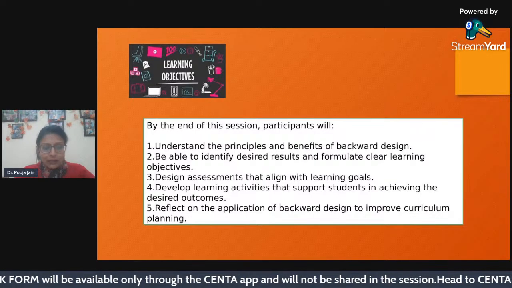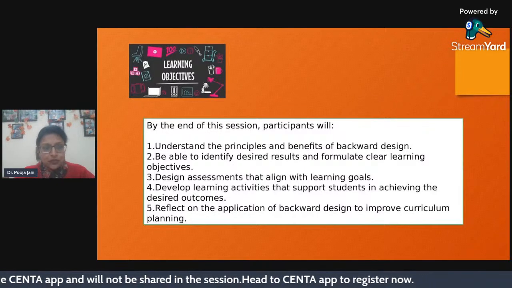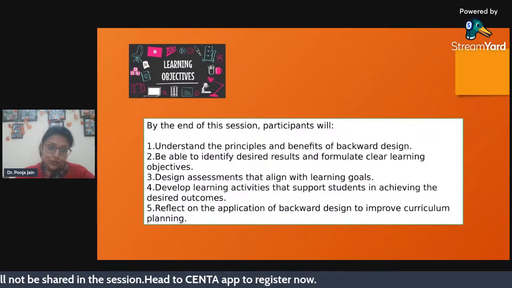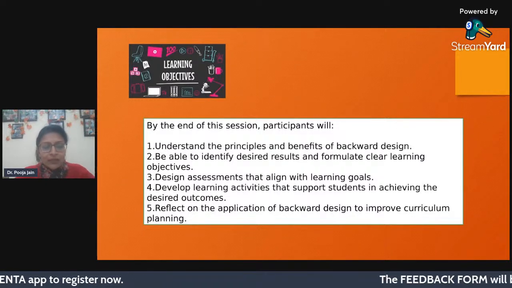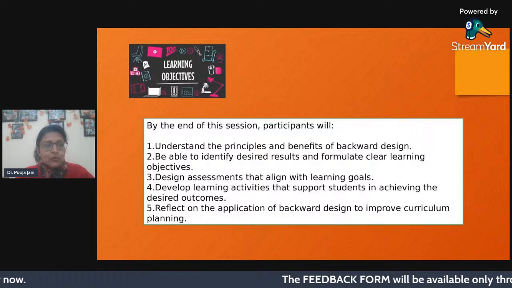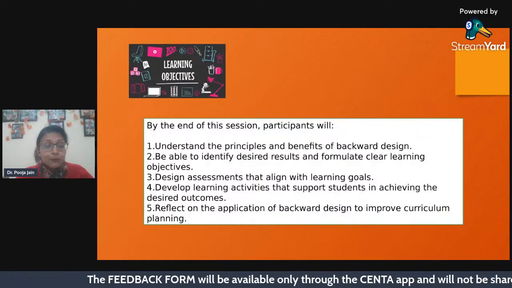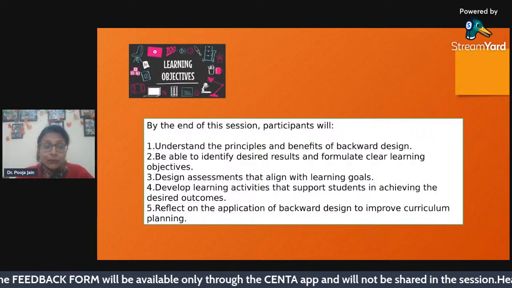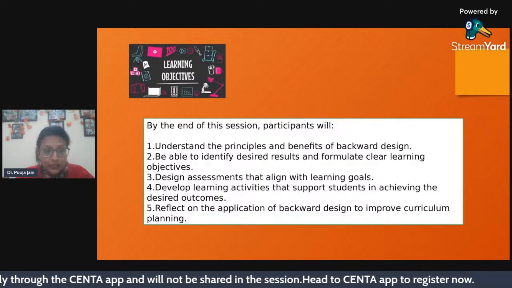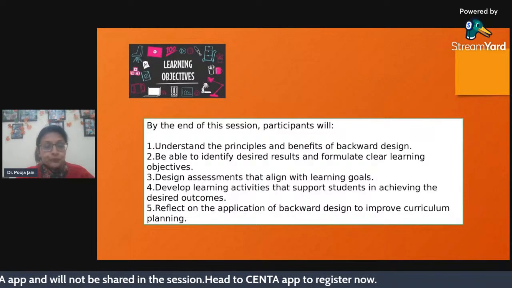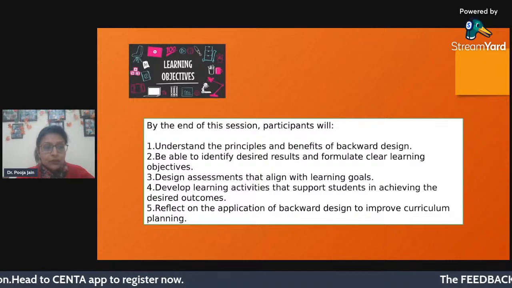To begin with, let me highlight what we will gain from this session. By the end of the session, participants will be able to understand the principles and benefits of backward design. They will be able to identify the desired results, formulate clear learning objectives and outcomes, and design assessments that align with the learning objectives and goals.